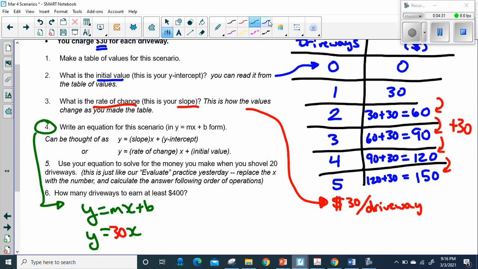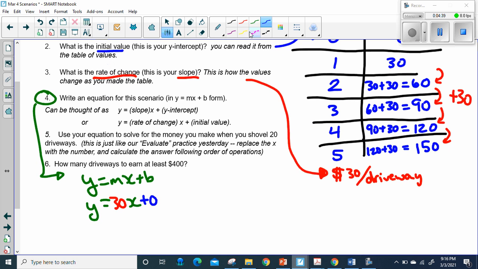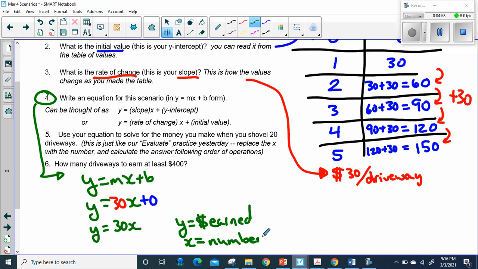And I'm starting with $0. So my y-intercept is $0. So there's my equation right there. We've got it. So the money I'm earning, which is my y, is just 30x. So y equals my money earned. And my x, remember, was my number of driveways. That's how I labeled my table of values, right?